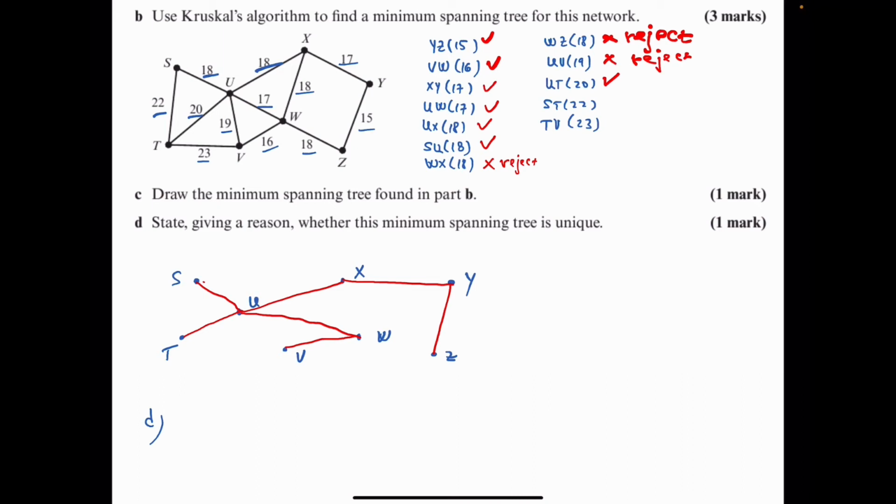For example, UX that we included could be replaced with WX. WX would be here, but I would delete this one. The weight would not change because both of them are 18. So it's not unique.